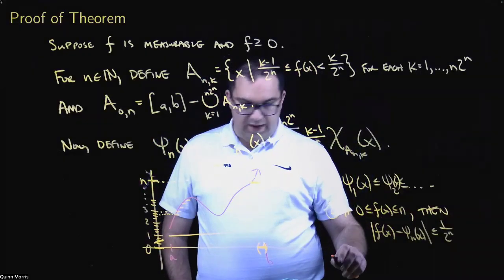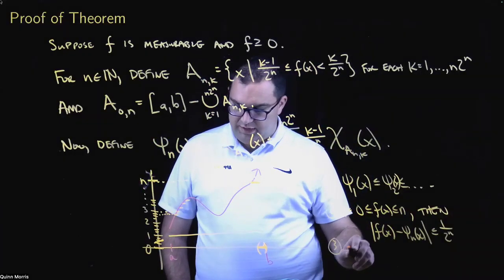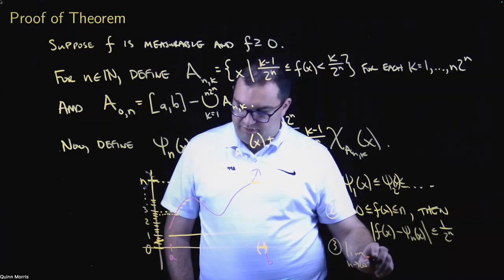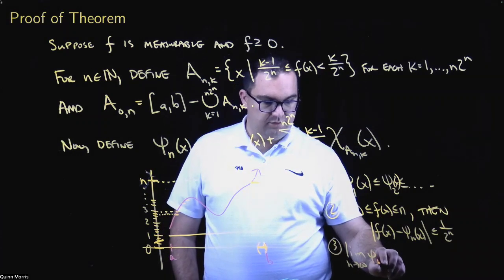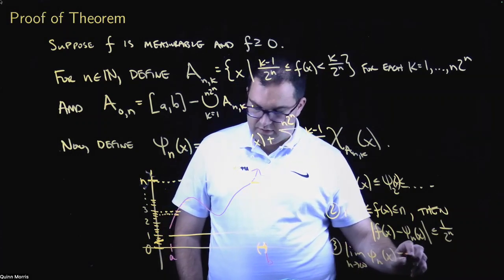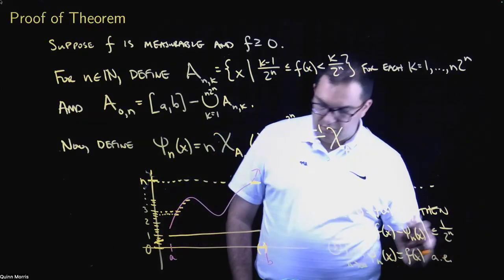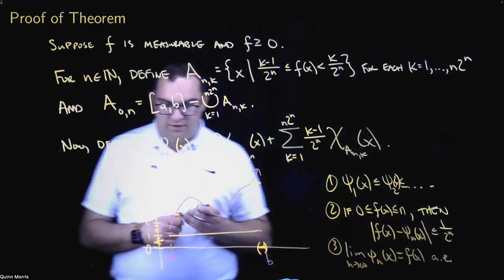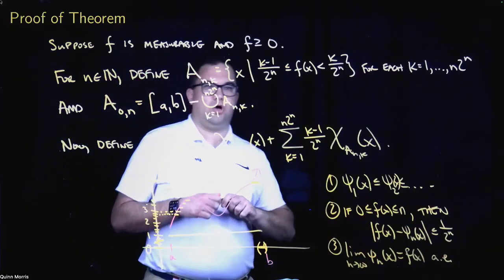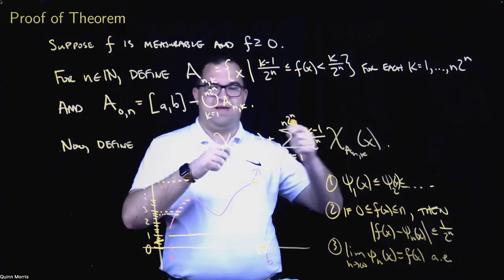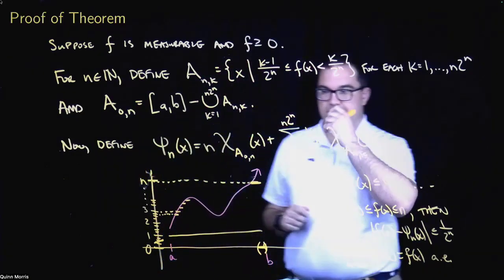And so finally from this, you can argue that the limit as n goes to infinity of phi_n(x) must be equal to f(x), but you have to be a little careful. This holds almost everywhere. The reason this holds almost everywhere is you have to be careful about what's happening at some of these break points.